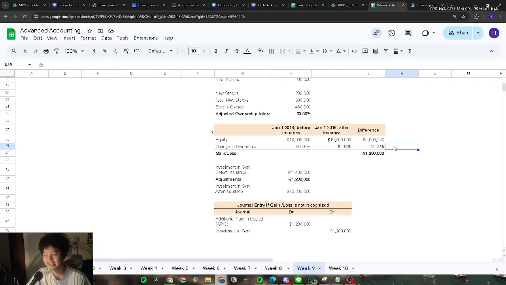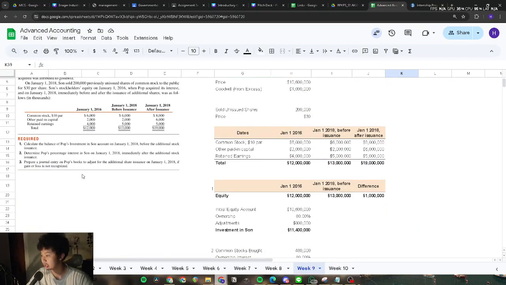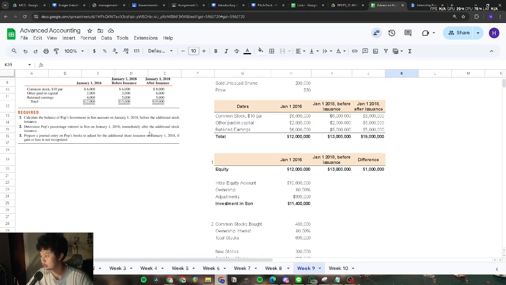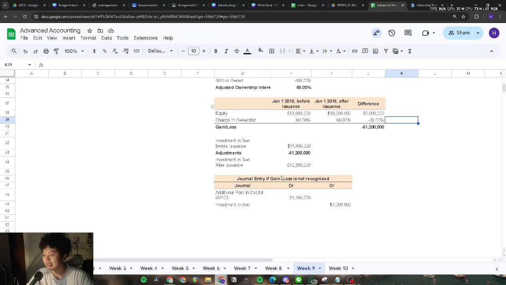It's just that there are adjustments to the investment account. It's not necessarily a loss. And in fact, the question said to prepare the journal entry if gain or loss is not recognized. So there should be adjustments if gain or loss is not recognized.